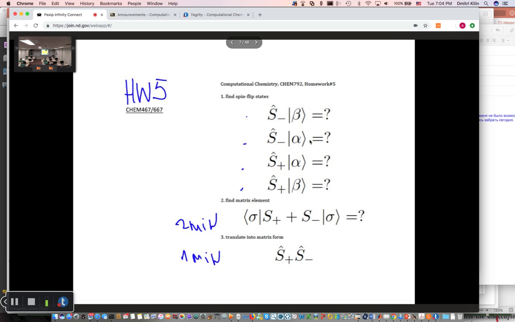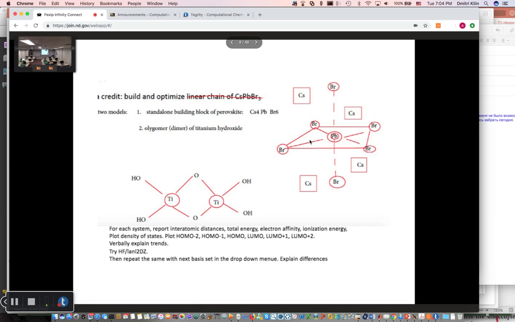Okay, and thank you for those who completed the homework. If you were busy with something else, just add new assignment to this one and submit it when you have time. So the additional assignment is based on what we did in the lab, and it will be building these two models and compute some basic things like report interatomic distances, total energy, ionization energy, electron affinity, and plot few orbitals.